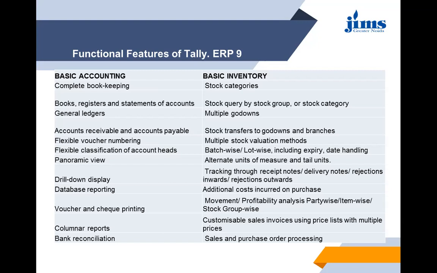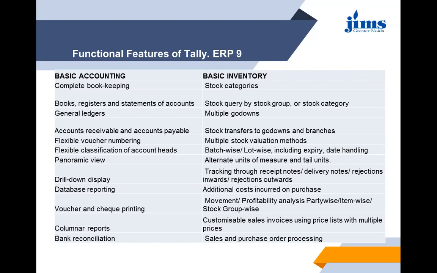Journal ledgers: in accounting, we maintain journal ledgers, and in inventory, we prepare multiple godowns, that is, the places where we are storing the inventories. Accounts receivable and accounts payable are maintained in accounting. In inventory, stock transfers to godowns and branches are stored.